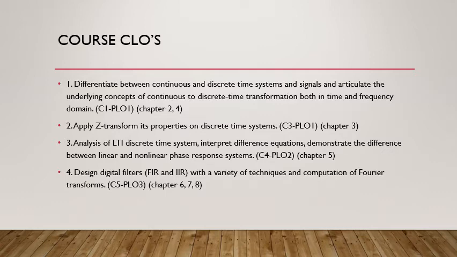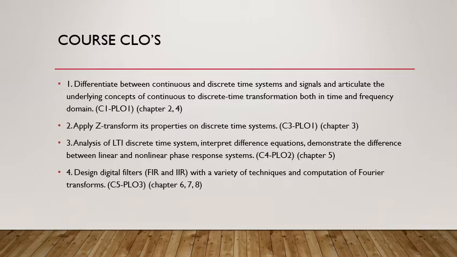This transformation is basically the sampling process. So we are going to study the sampling process in time and frequency domain. Before that, we will recap your signals and systems knowledge. This is our program learning objective 1, and the domain is C1, the cognitive domain.